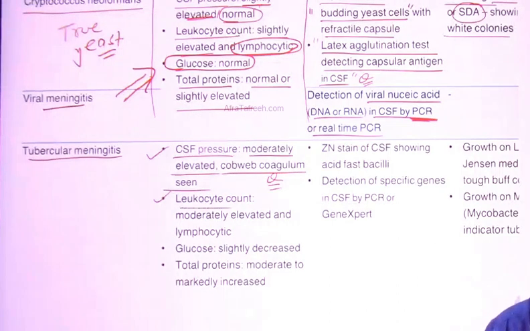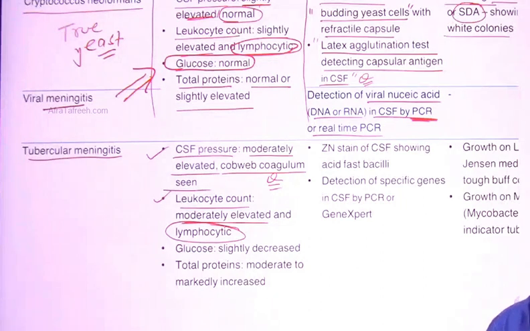The leukocyte count, again, is moderately elevated. So basically you have to remember that the tubercular one is a moderate fellow, so everything is moderately elevated. The CSF pressure and leukocyte count are moderately elevated, and what is increasing mostly are the lymphocytes.